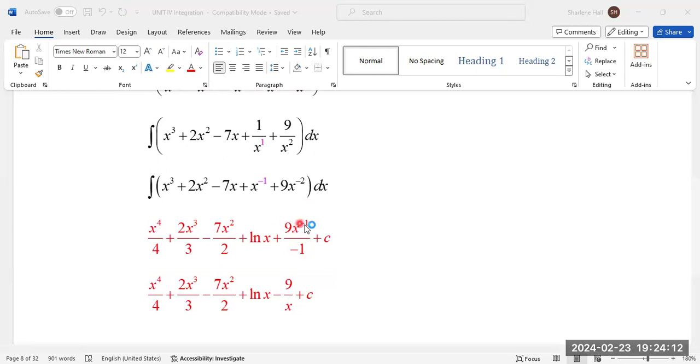So remember, we don't leave our answer as a negative index, so convert it to 9 over x. You follow what I'm saying? Yes, sir. Would I have lost marks because of that or no? I wouldn't penalize you, but it looks untidy.